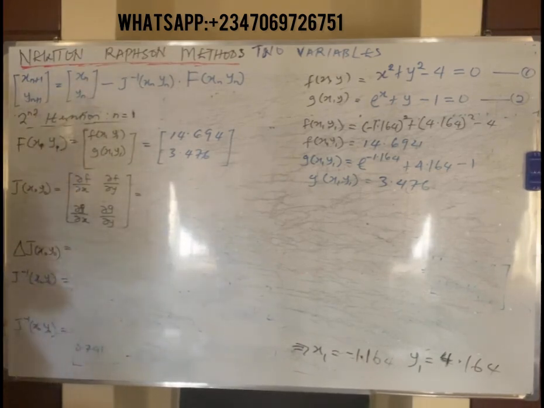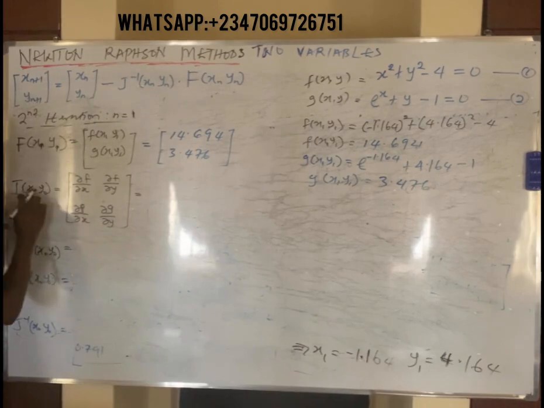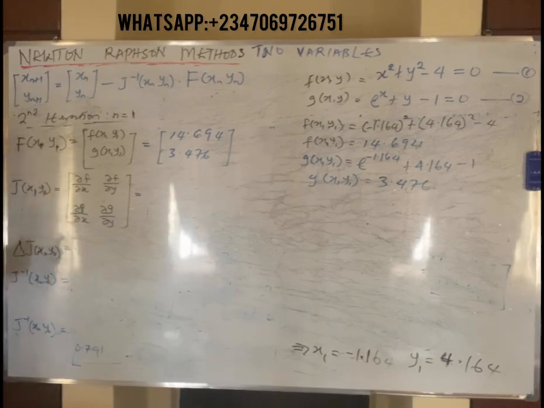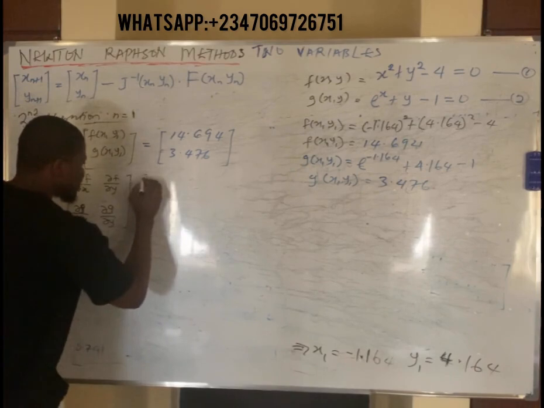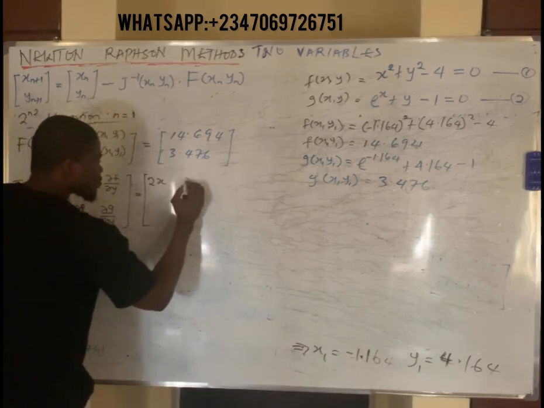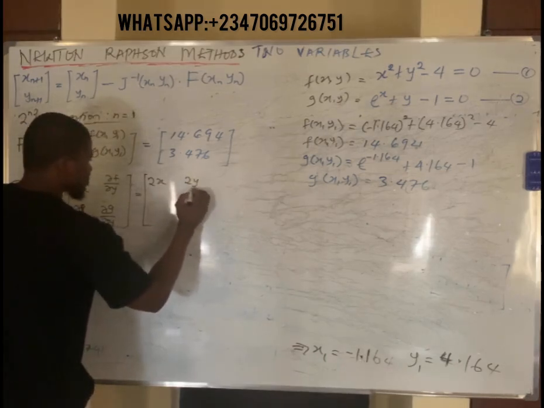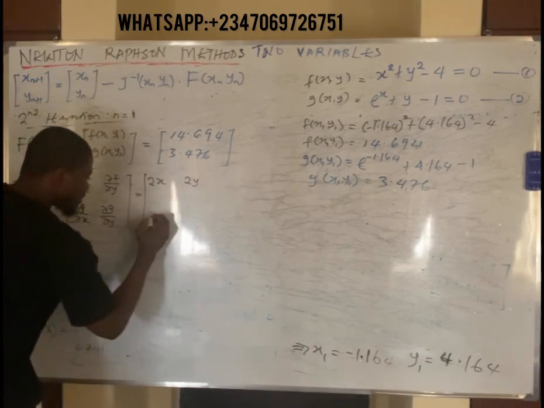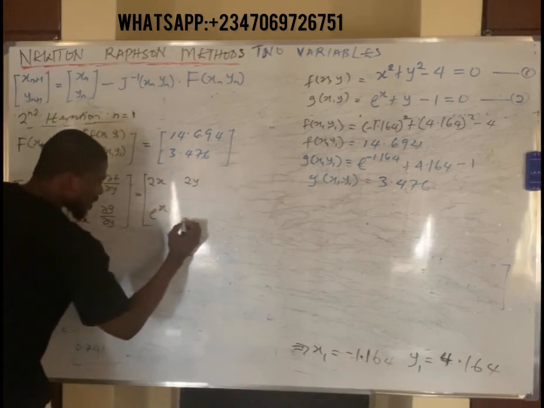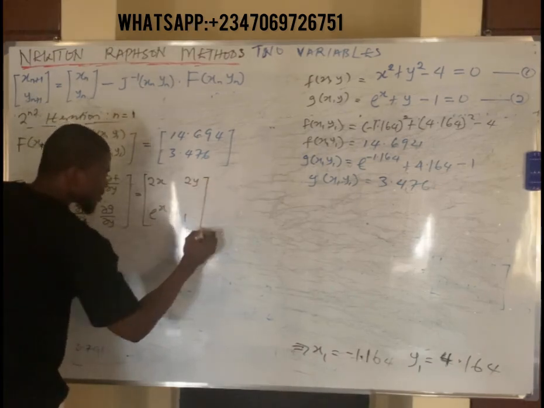Okay, having found the matrix of the function, the next is to compute the Jacobian of the functions at point 1, that's x1 and y1 now. Let's compute the Jacobian of the function. So the equation still remains the same for Jacobian. It doesn't change. So this is supposed to be 2x and this is 2y. And for the second case, we have exponential x, then we have 1. So this remains constant.